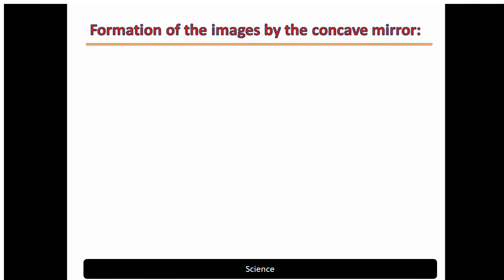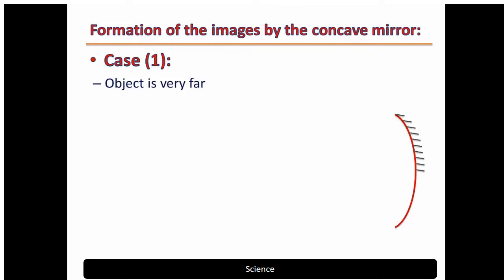Now we can draw the images formed by concave mirror. Formation of the images by the concave mirror. Case number 1. In the exam you will be given the position of the object. Object is very far.